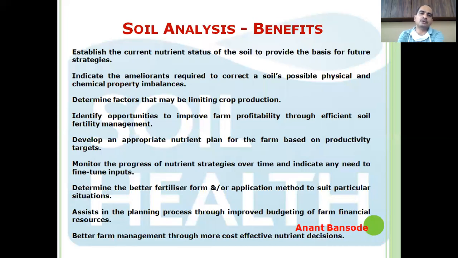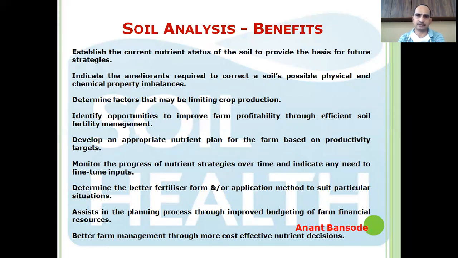Now if you see the benefits of soil analysis, soil analysis is the most important thing while planning any crop, especially a high value crop, because the expenditure on nutrients or fertilizers is of considerable value, and if it is done with the help of soil analysis, then definitely it will save money.